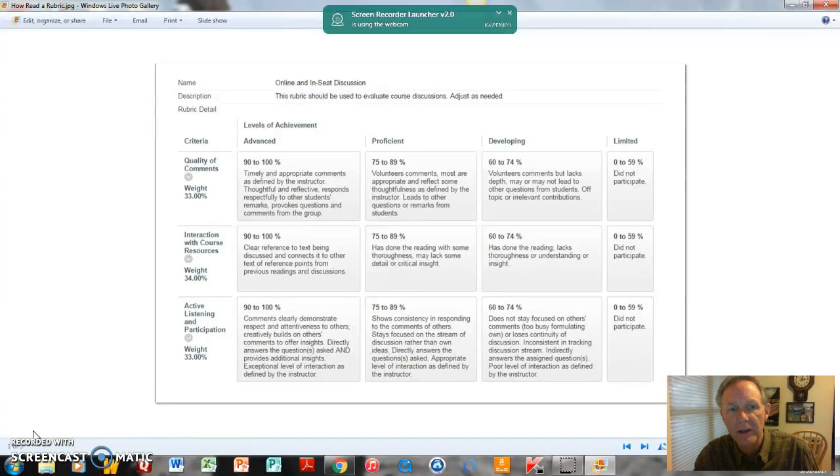But let's just look at the advanced section for each of these because it gives a good understanding of what is expected of you in an online discussion. So for quality of comments, it says timely and appropriate comments as defined by the instructor, thoughtful and reflective, responds respectfully to other students' remarks, provokes questions and comments from the group. So what are the timely and appropriate comments as defined by the instructor?